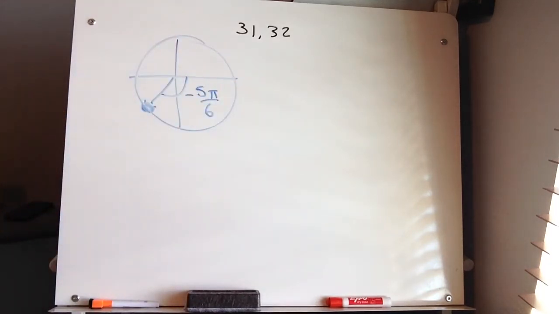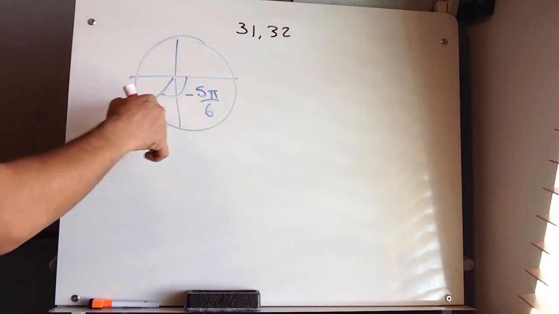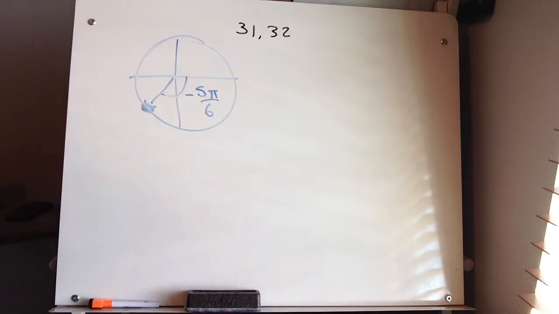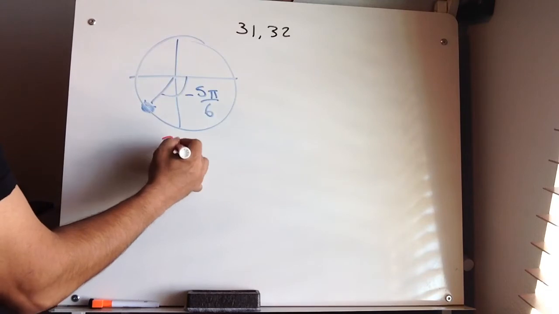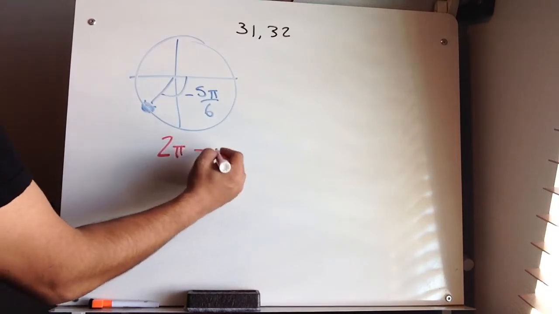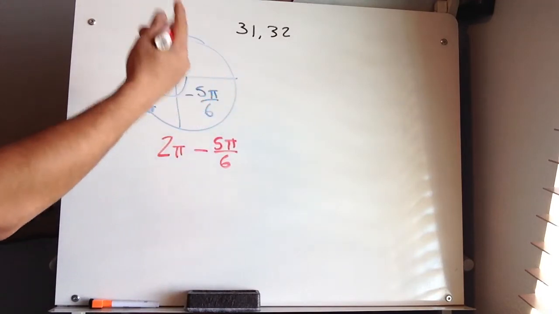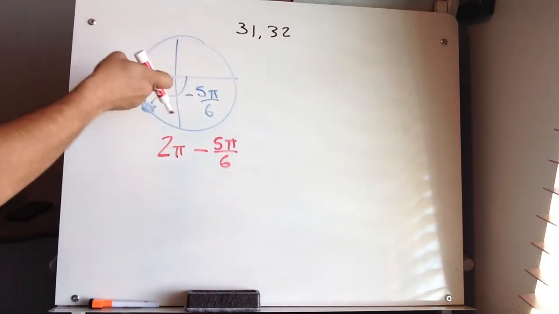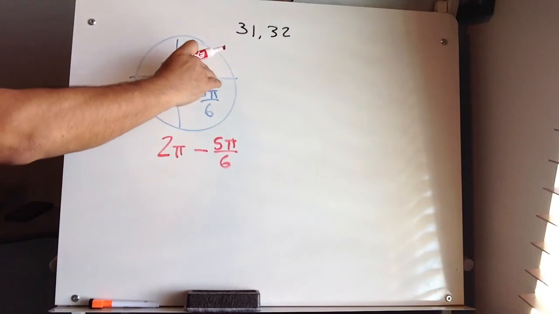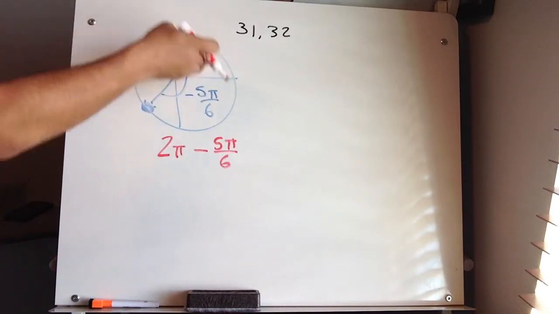Now, the way you want to look at it: a unit circle is 2 pi. So if I'm taking away this much from 2 pi, it's going to give me that location. We're subtracting it because it's like having a whole pizza, and somebody took away some. How much pizza do I have left over?